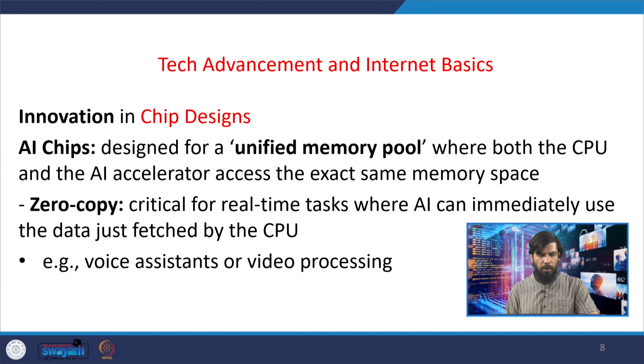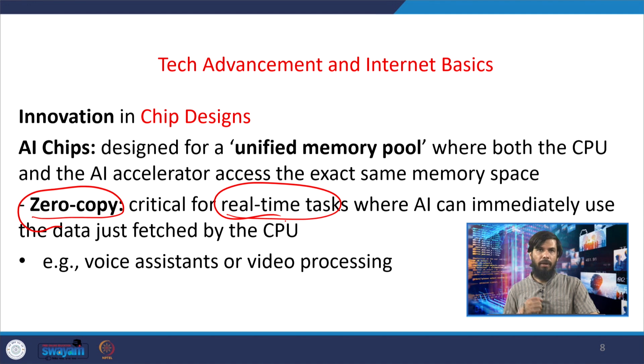Now when this design feature is there, essentially we achieve a zero copy scenario, and this can be really critical for real time tasks where AI has to immediately use the data just fetched by the CPU. Because the unified memory pool is there, that is possible; otherwise that copy will happen.